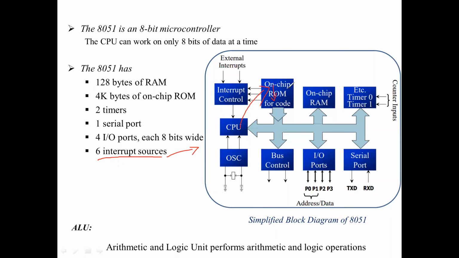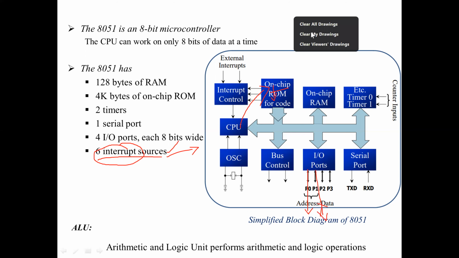It will stop the present program and execute whatever the interrupt request is. For example, you have port 0 LEDs glowing sequentially; if an interrupt comes, I want port 1 pins to be executed, so that operation will be done. That is the exact principle behind interrupts.